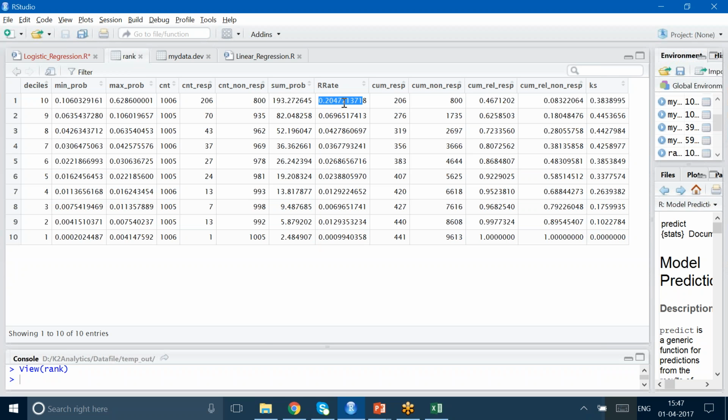That 4.4, which was random, if I target all the customers, I get 4.4% response rate. But if I go selective and go with probability, out of every 100, 20 are going to convert. With the other approach, out of 100, approximately 4 or 5 customers are going to respond.